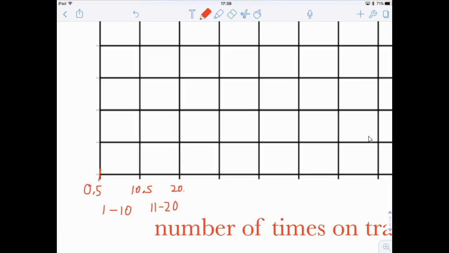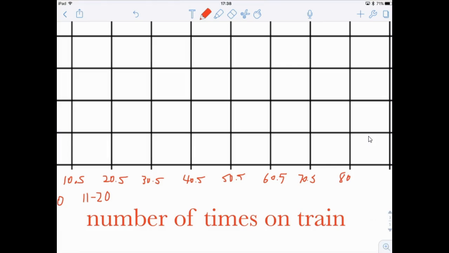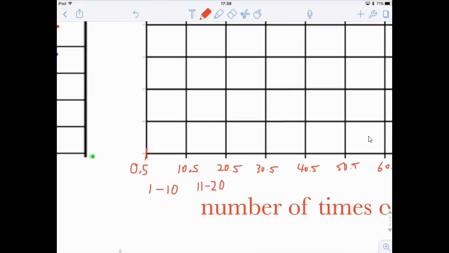Then we put 20.5, 30.5, 40.5, 50.5, 60.5, 70.5, and 80.5. And then we go back here, and we notice, why do we put 0.5 here? Well, it's just to maintain the size of each one of these. Each one of these intervals is 10 wide, so to maintain the size of 10, we put 0.5 there.